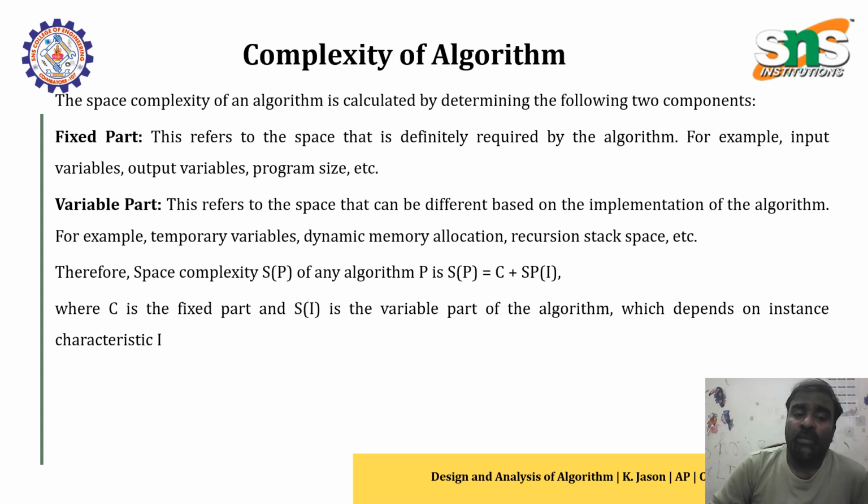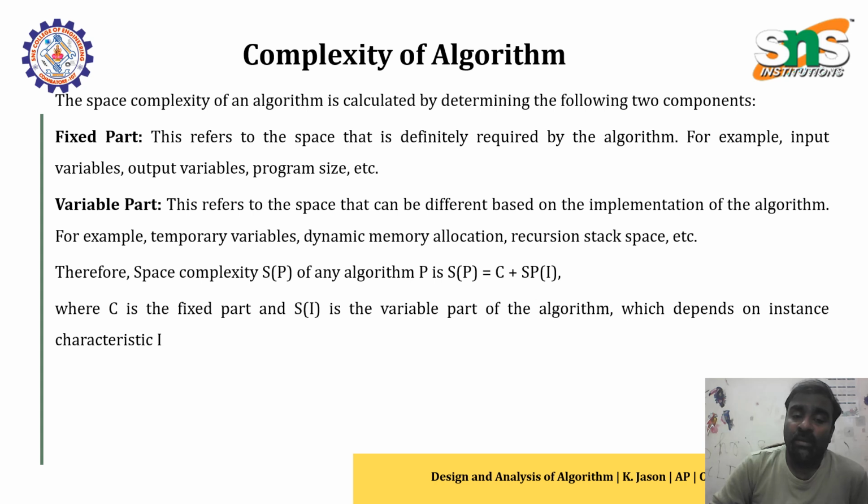The space complexity of an algorithm is calculated by determining two components: a fixed part as well as a variable part. The fixed part is the space that is definitely required by the algorithm, for example input value, output value, program size.